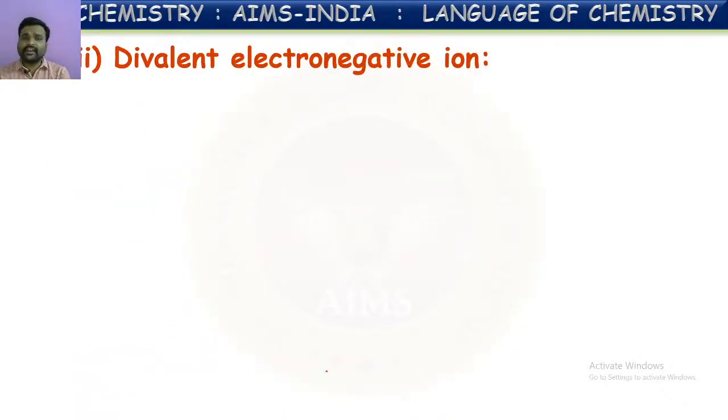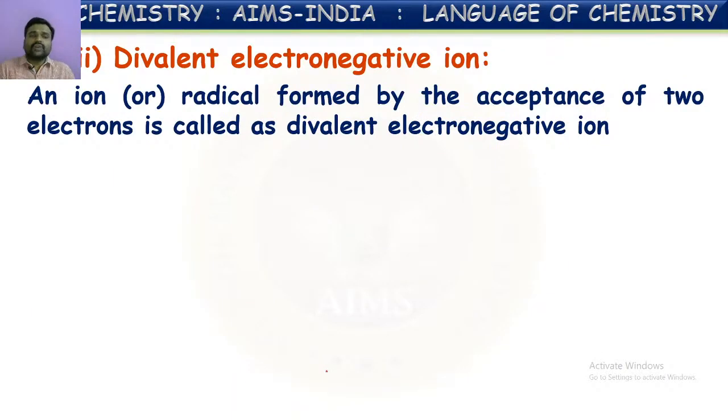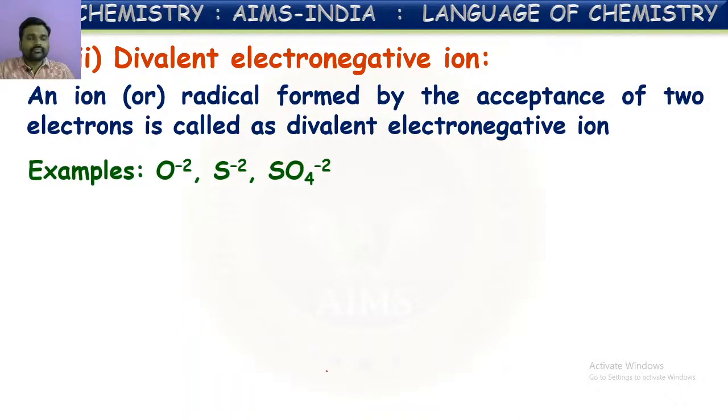Next, divalent electronegative ions. So the ions or radicals which are formed by the acceptance of 2 electrons are called as divalent electronegative ions. Example: O minus 2, sulfur minus 2 ion, SO4 minus 2 ion, which is called sulfate ion. So oxide ion, sulfide ion, sulfate ion. These all, if you observe, have minus 2 charge.